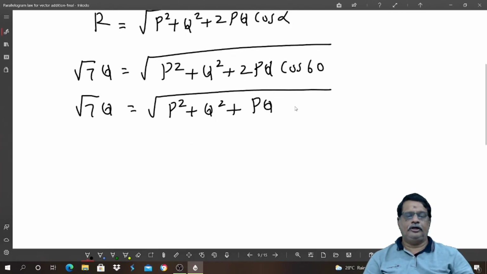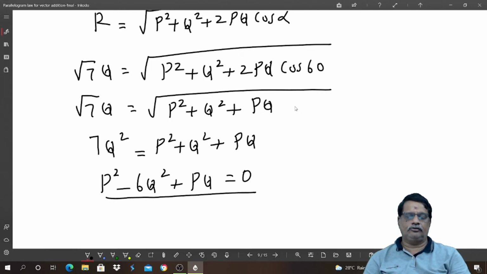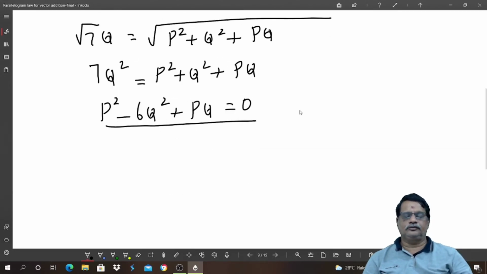Now let us square both sides. So this is 7Q square that is equal to P square plus Q square plus PQ. So we will write it as P square minus 6Q square plus PQ equal to 0. So this is our equation. We have to solve this. In order to solve this, we will divide both sides of the equation by Q square.